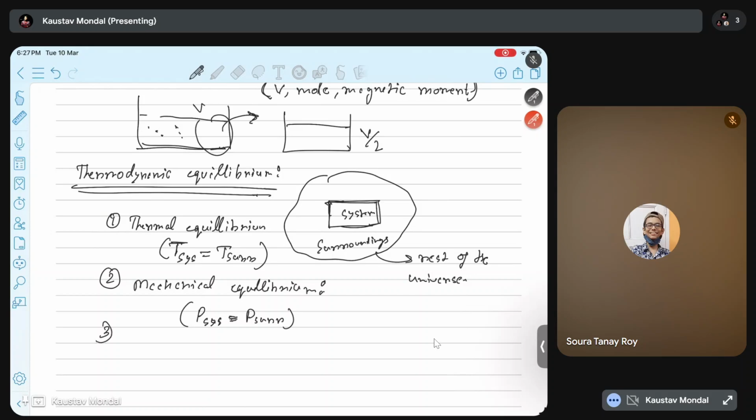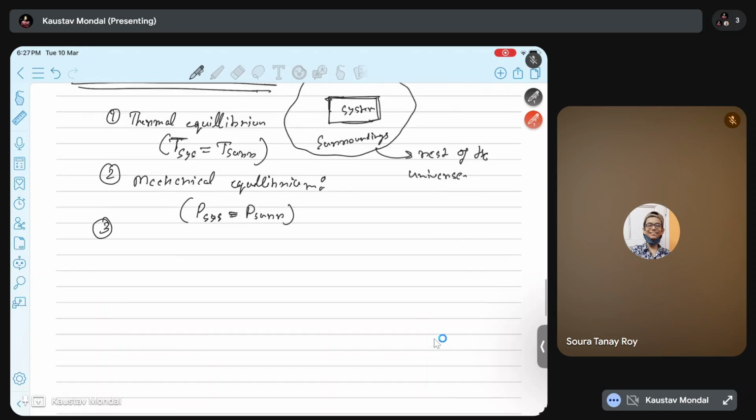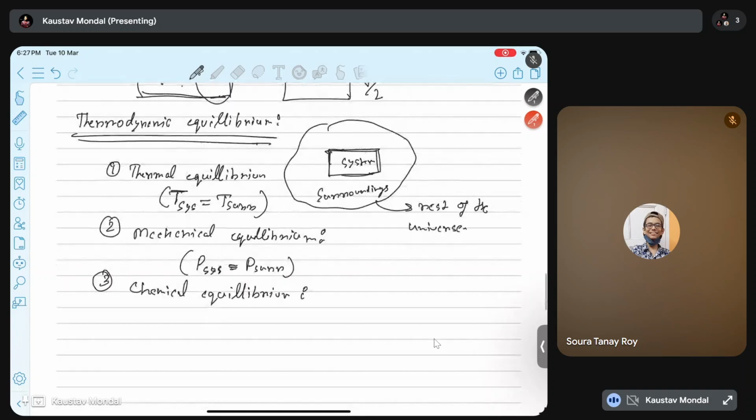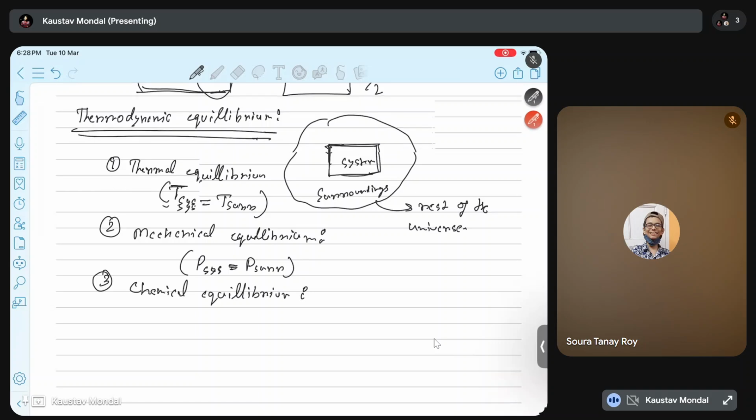Okay. And third is the chemical equilibrium. Chemical equilibrium means there is no particle exchanging between the surroundings and the system. So there is basically no exchange of mass happening into the system.